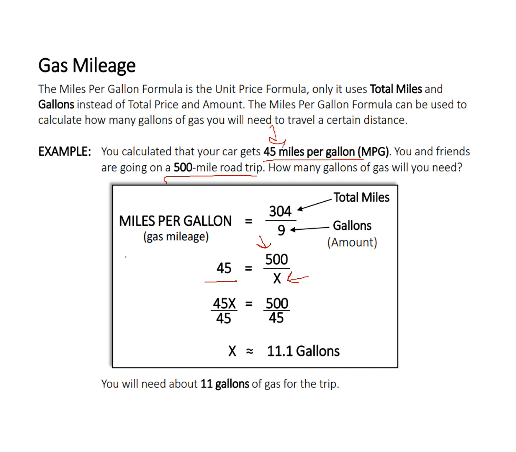Now they solve this a little differently than I would solve it. I would move this x over. Actually, I would put 45 over 1. No, that's not what I would do. I would do 45 equals 500x. I would move my x over, and when I do it becomes multiplication.